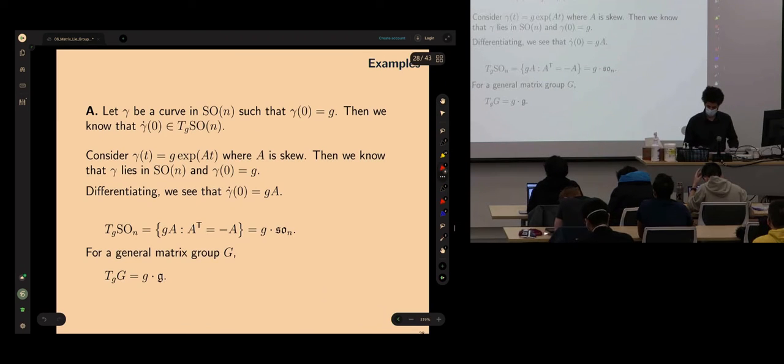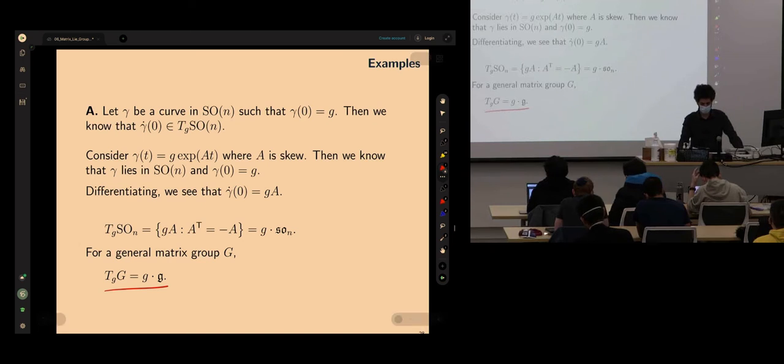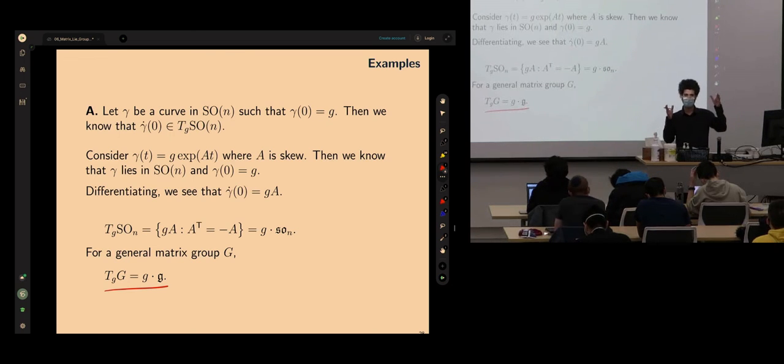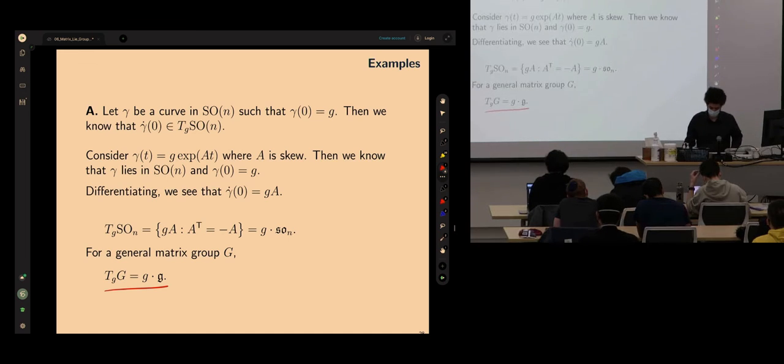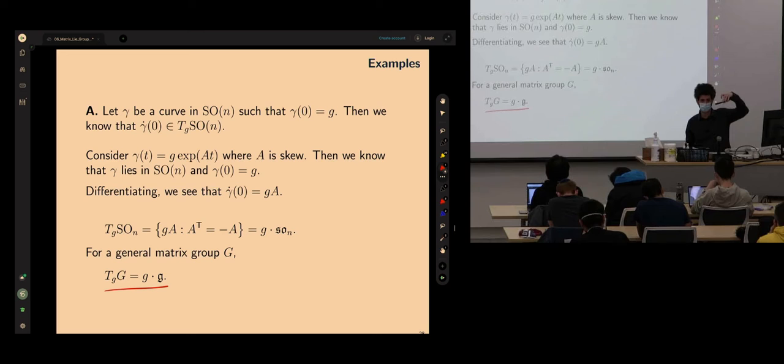So the answer is, what makes a Lie group nice is that you just need to do a left translation for the vector space as a whole to move it to another point. In other words, the set of all possible velocities won't change. You can still rotate with the same type of velocity you wanted, whether you're here or at this configuration or at this configuration.